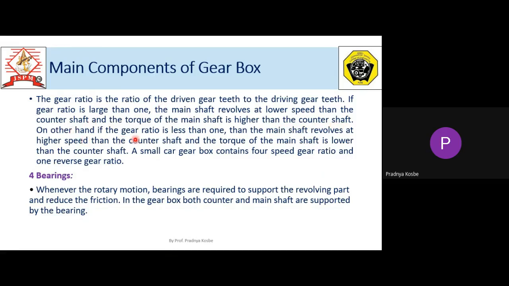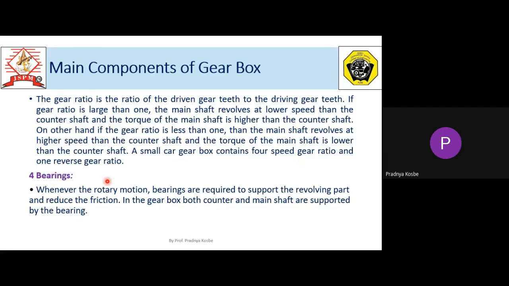On the other hand, if the gear ratio is less than 1, then the main shaft revolves at higher speed than the counter shaft and the torque on the main shaft is lower than the counter shaft. In a small car, the gearbox contains 4 forward speed gear ratios and 1 reverse gear ratio.